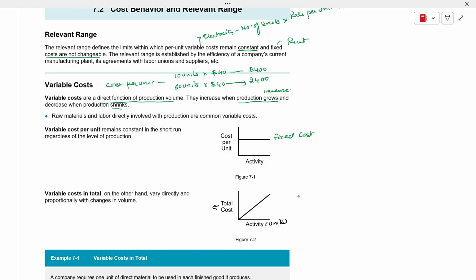If the units are increasing, what will happen? If the units are 10, the cost will be 400, as we have calculated. If the units are 60, the cost will be 2000.